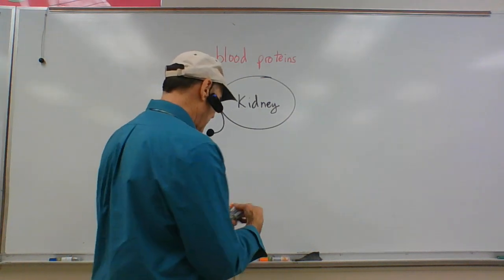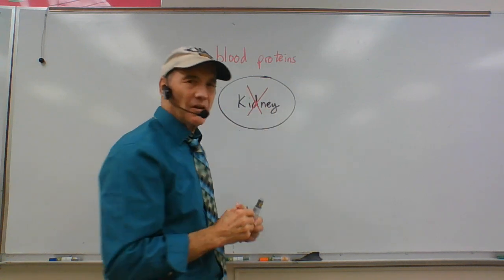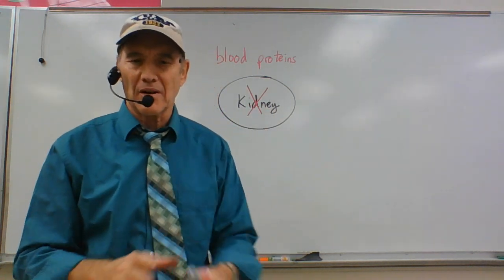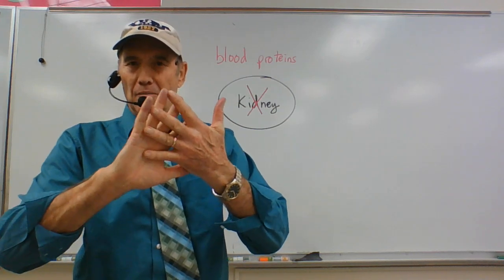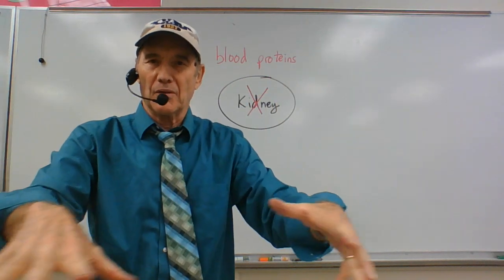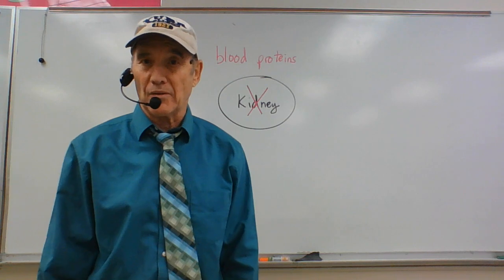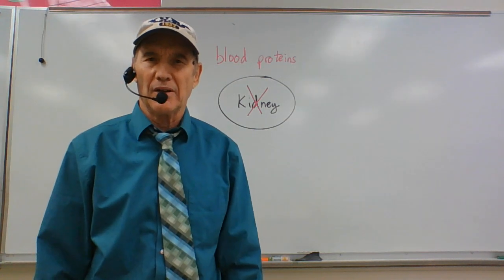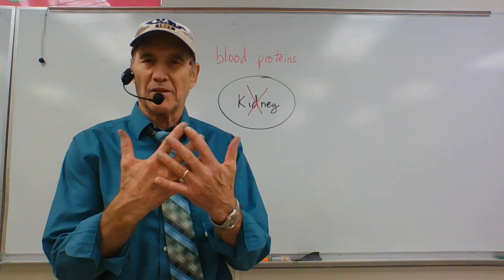So what if the kidney is damaged? It's a filter. The mesh work like filtering mechanism is all damaged. There's holes in it. So things are going through it, from the blood out into the urine, that shouldn't be going through, like blood cells, or proteins that are big that shouldn't be going through that filtration membrane.